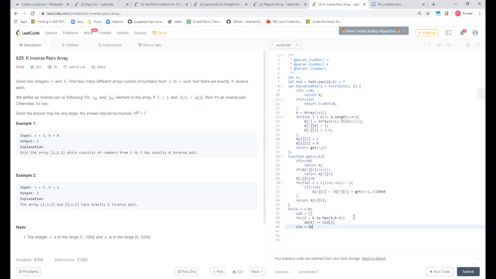Instead of space complexity of NK, we can reduce it down to K, because every time we are just using the n-1 row for creation of the next level. Yeah, 2D DP can be converted into 1D DP.